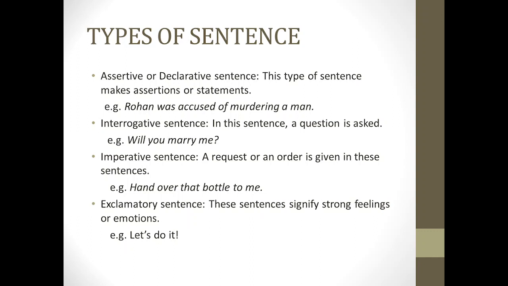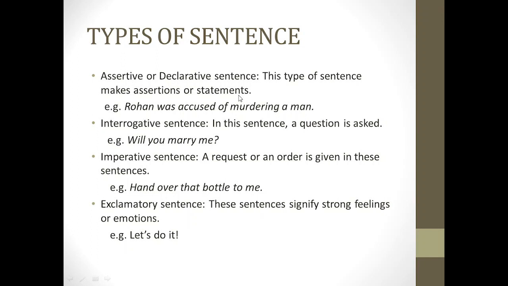These are the most common because we use them to describe something, to narrate something. When we are telling someone about something, we usually use this type of sentence. So this type of sentence makes assertions or statements.